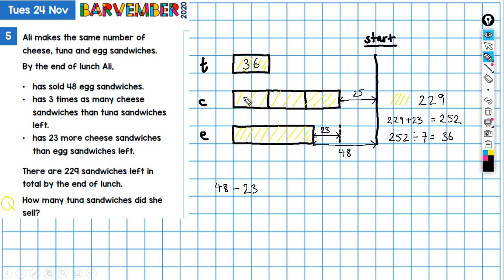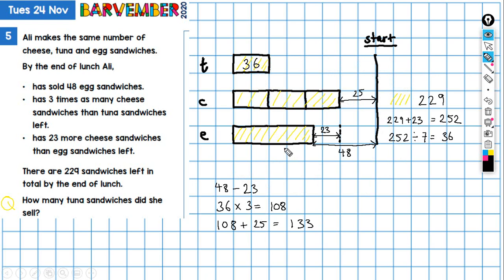Let's have a look at this. I can work out how many sandwiches there were in total. 36 times 3 gives me 108, and then 108 add 25 gives me 133. So I know that there were 133 of each variety of sandwich.